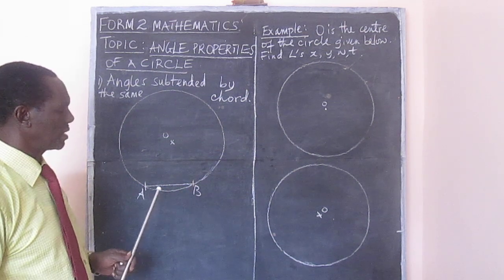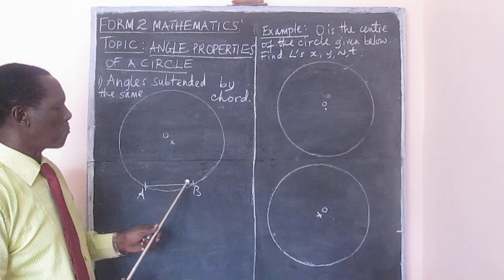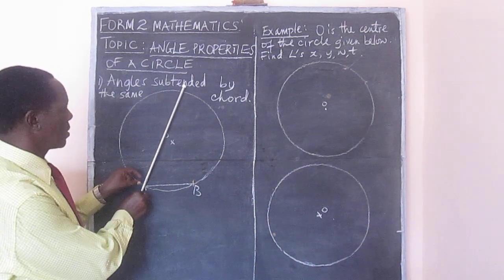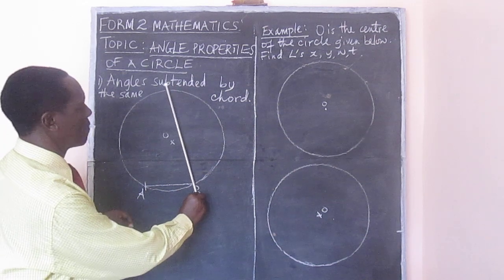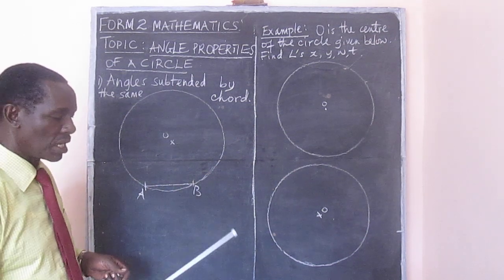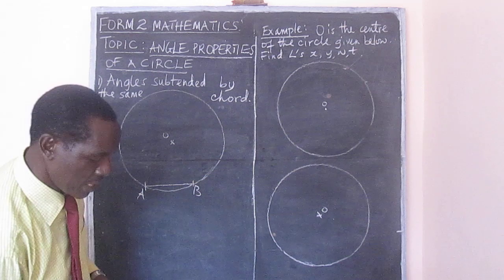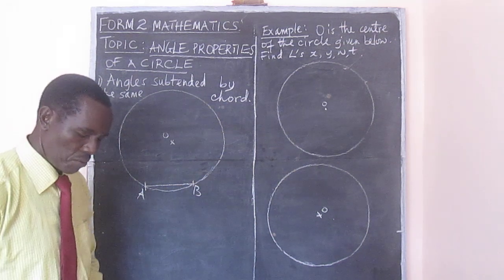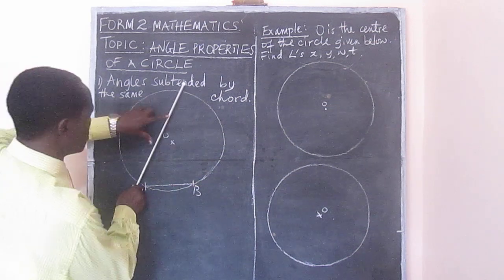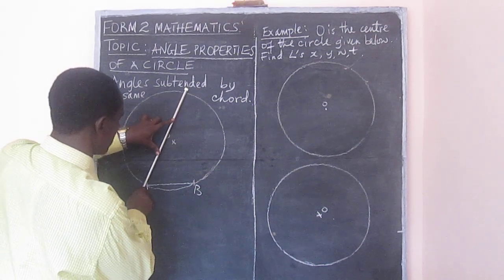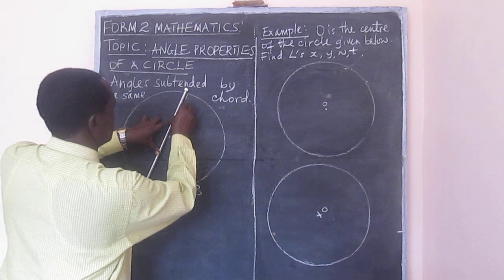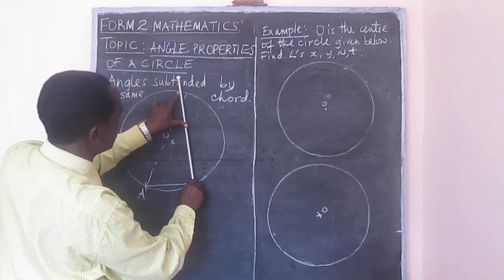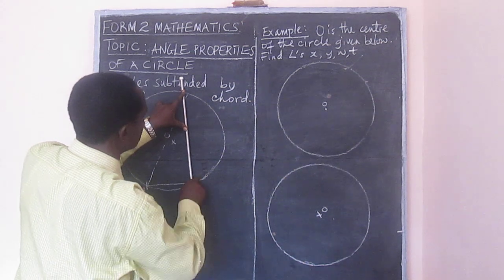So we say the chord AB subtends an angle. We can have an angle subtended by this chord on the circumference of this circle, like this. We can do the same here.